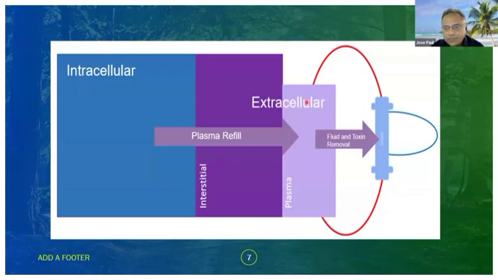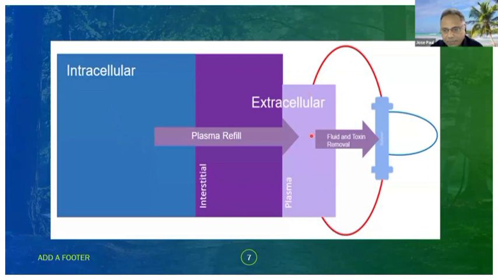So this is the plasma, and this is a compartment represented within the hemodialysis filter. We are removing water from the plasma component of the blood. Now, 60% of the body water is in the intracellular space.